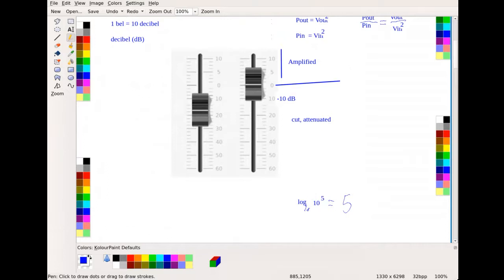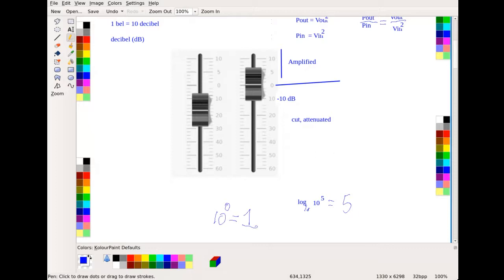So what happens if you take 10 to the 0th power? What does that equal? Exactly, that's equal to 1, Alex. Okay, Andrew.